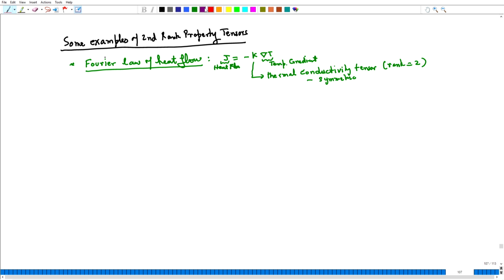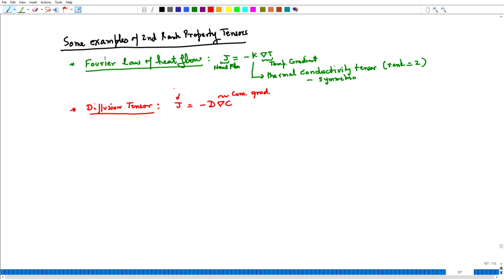Now, second example is we can take a diffusion tensor. In this case, the flux is given by minus D del C, where this is the concentration gradient vector.